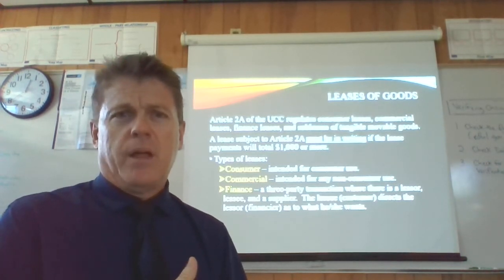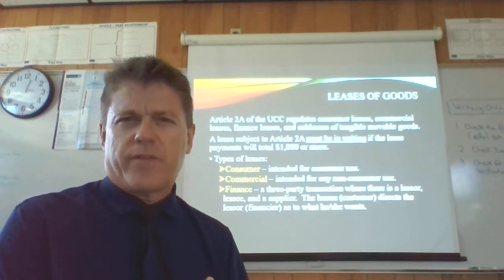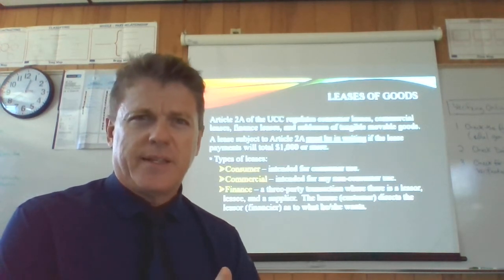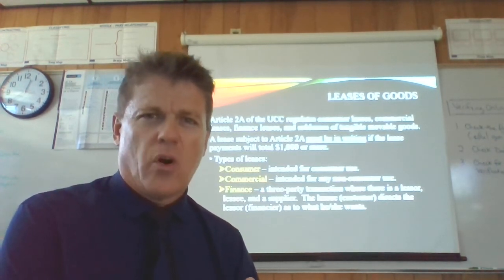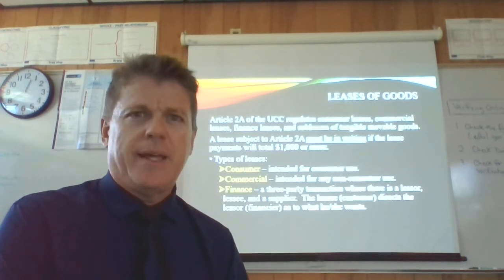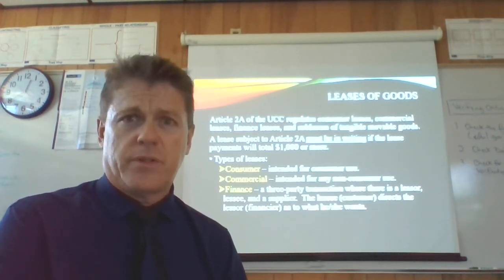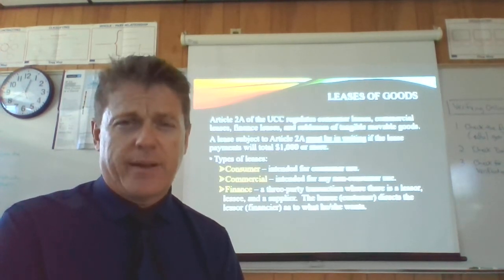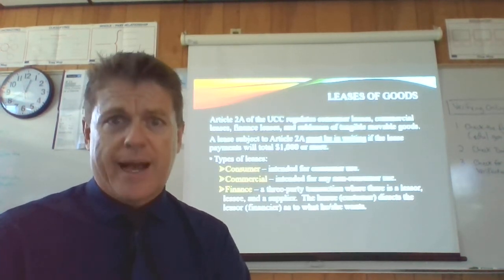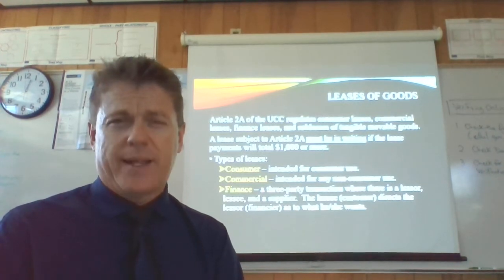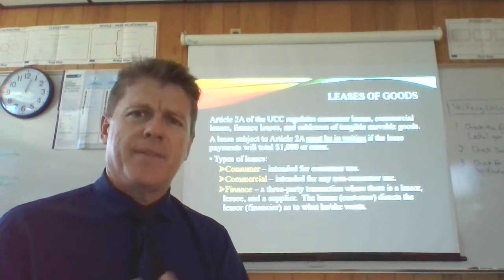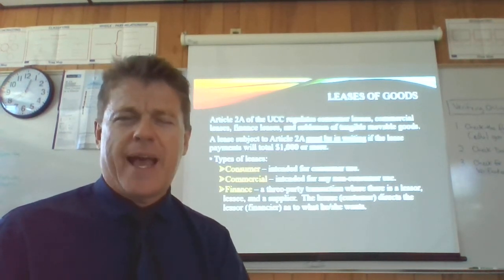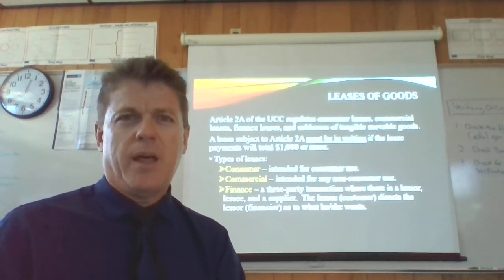In terms of the statute of frauds, if the subject of an Article 2A lease agreement is more than $1,000, then it has to be in writing. If it's under $1,000, it doesn't have to be in writing, although, as you know me, I've said, make sure you put things in writing. That's a way to avoid any type of ambiguity. But if it's more than $1,000, then it has to be in writing under Article 2A.